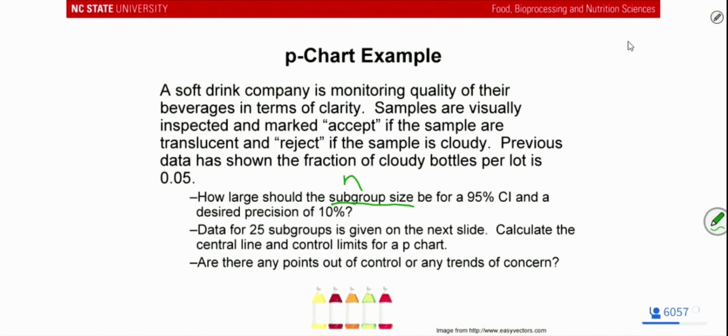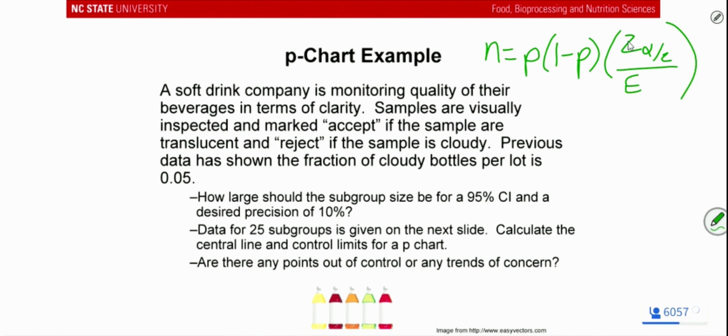Okay, so anyways, we want to solve for n. Didn't it say n equals p times 1 minus p times, wasn't it just the z alpha divided by 2 over e, where e was p times the desired precision?